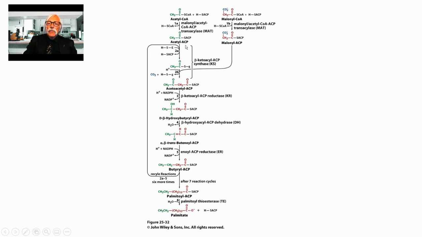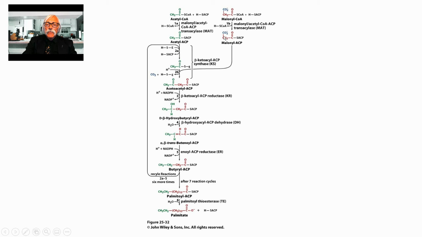It started off as a part of the ACP moiety, but it's swapped off of the ACP, all in the backbone of the fatty acid synthase, and transferred to a cysteine residue on this enzyme, the beta-ketoacyl ACP synthase. That's why that sulfur is there. That's actually from a cysteine residue on the enzyme. Still thioester chemistry all the way.